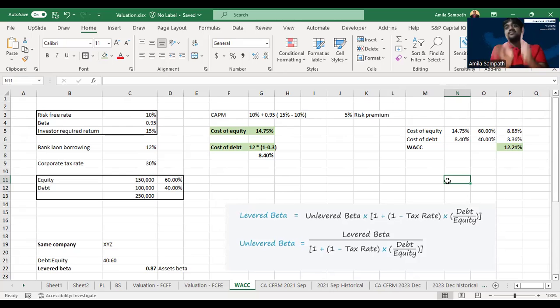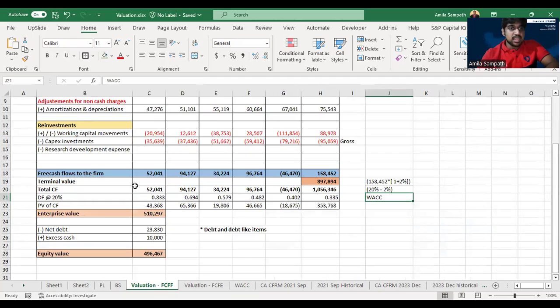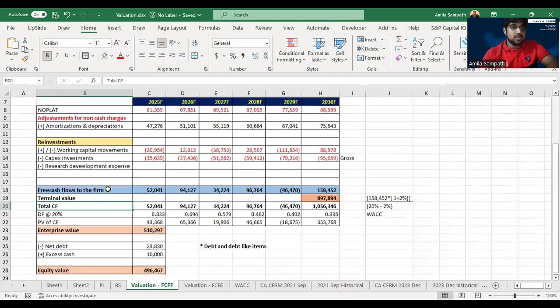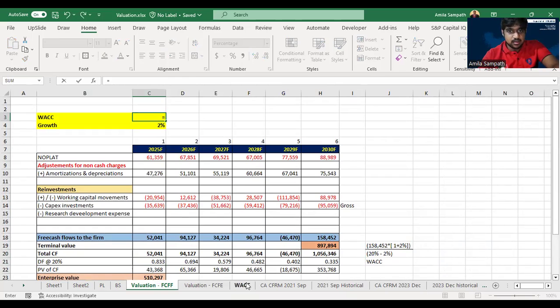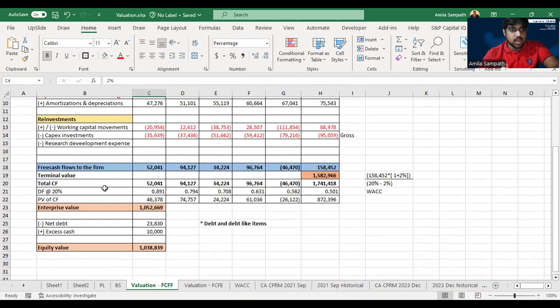Then what can we use this WACC for? We can use this WACC to calculate the present value of all of these cash flows. Let's assume our WACC is 12.21. Then we need to identify our discounting factor for 12.21.